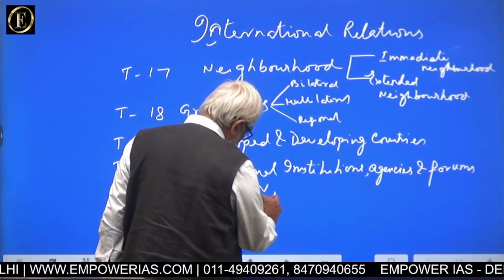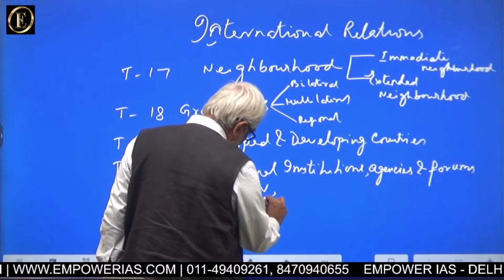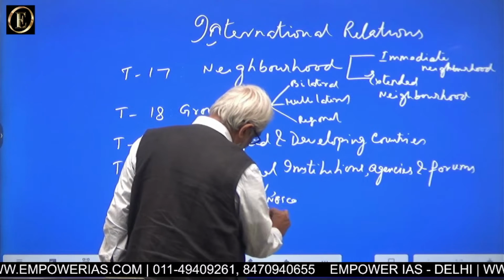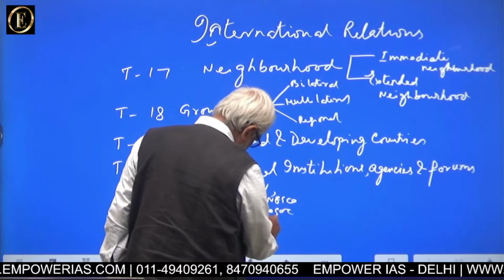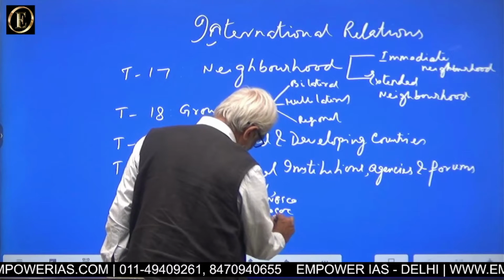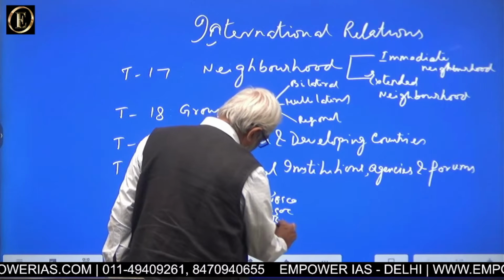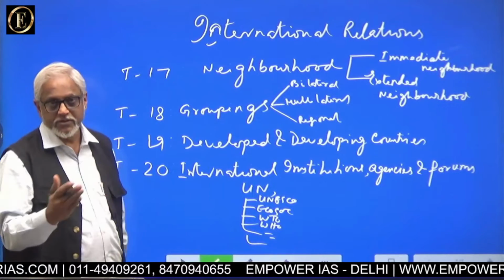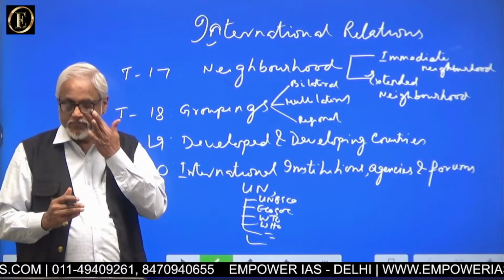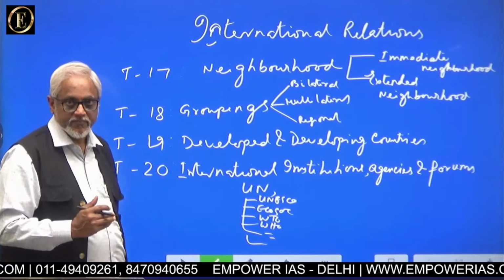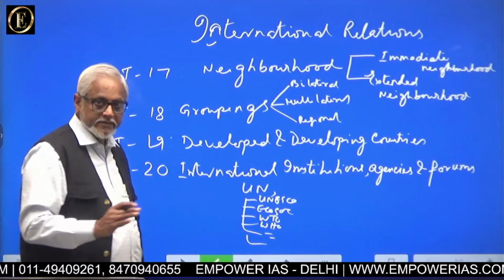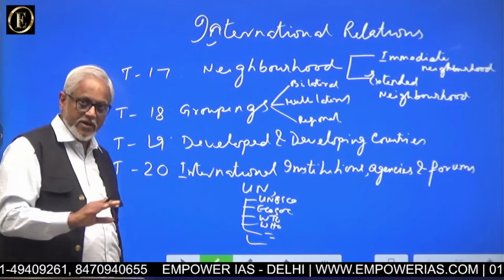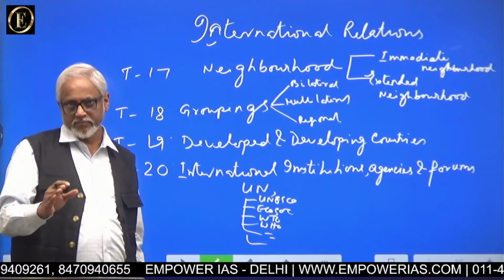There is UNESCO, there is ECOSOC, then there are WTO, WHO, and like that, there are a number of them. There are also international institutions and forums outside the UN system, and that has to be also looked into. So there can be UN based and there can be non-UN based.